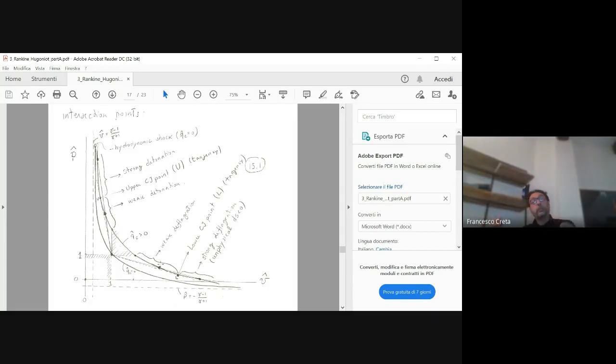Because remember, these non-dimensional variables are the ratio of the upstream and downstream. So if it's closer to 1, it means it's weaker. Now, clearly, this is farther from 1. So it's the strong solution.